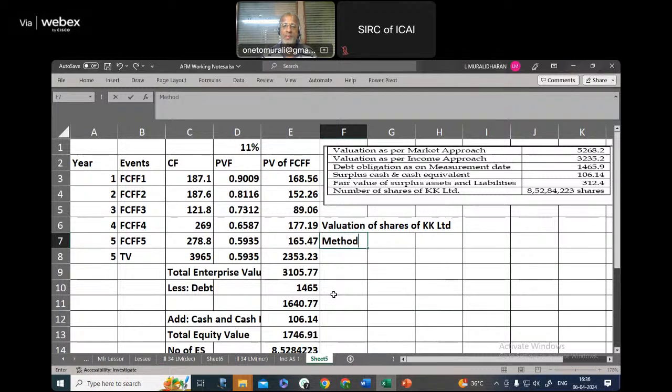Method: market, income. Value: 5268.2, 3235.2. Weights, 0.5 each.